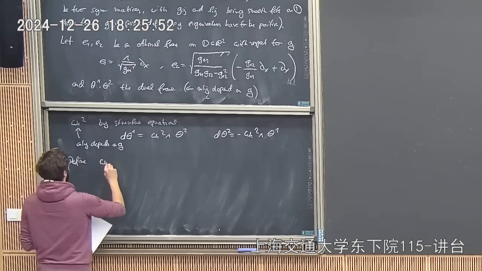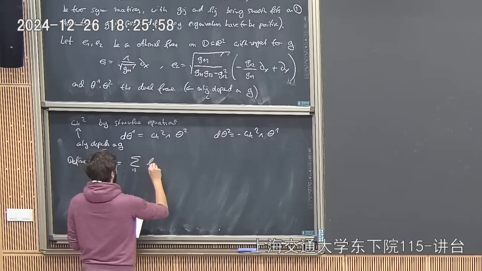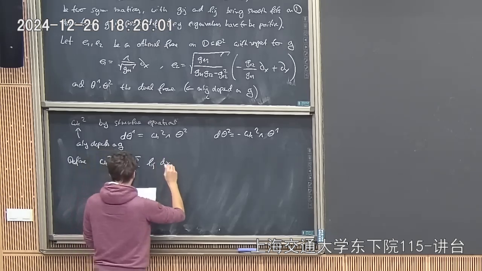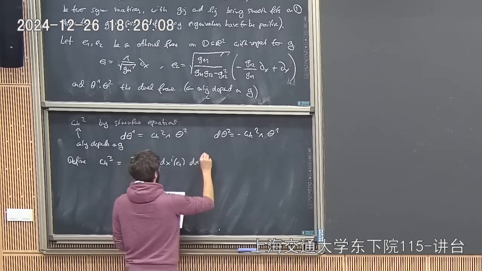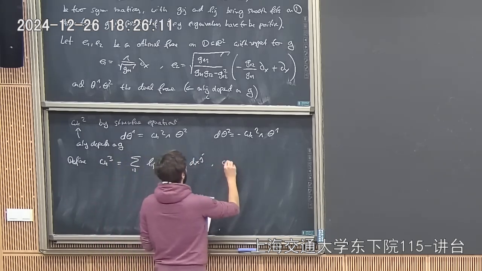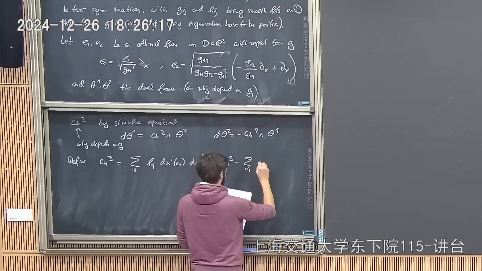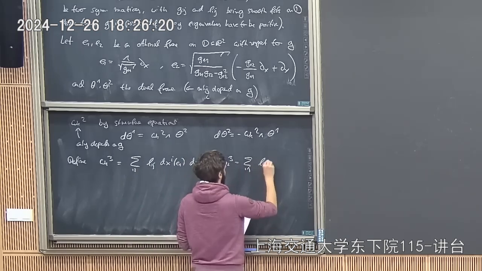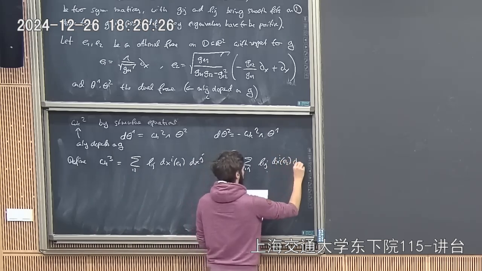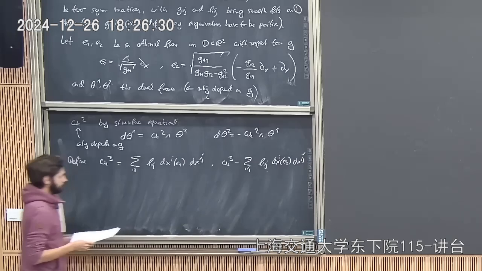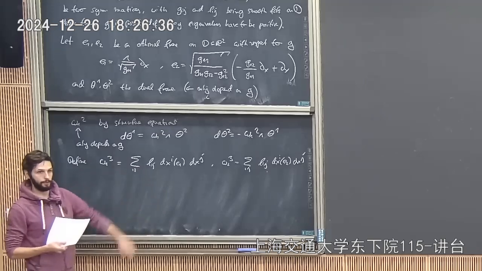So we define omega 1,3 as the sum over i and j of L_ij dx_i evaluated on E1 dx_j, and similarly omega 2,3, also a sum over i and j, but here we take dx_i on E2 dx_j. So those are the formulas, the normal structure equations that you would expect if L would actually be the second fundamental form.